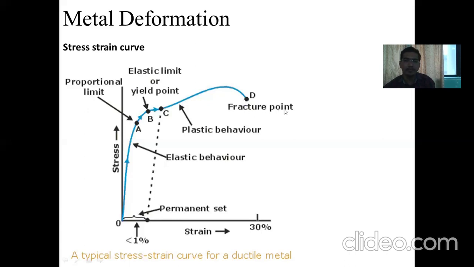At point D, called the fracture point or failure point, the material fails and deformation stops. From point A to point D the material is in plastic behavior. Basically, from C to D there is more plastic deformation, and from A to C a slight amount of plastic deformation is visible. From this typical stress strain curve for a ductile material, we can learn what the elastic behavior and plastic behavior of the material or metal are.